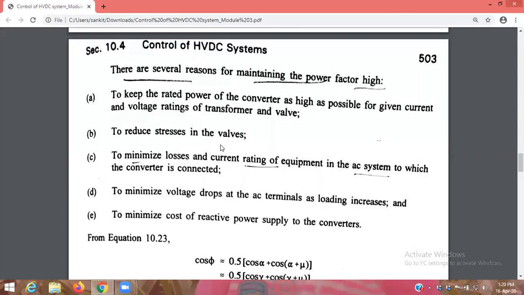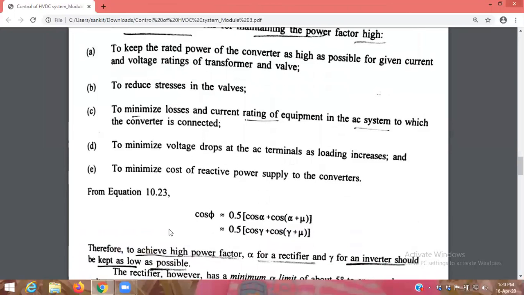If we look back to equation 10.23 from the previous lecture, we have cos phi equal to cos alpha plus cos delta, equal to delta by 2. This is for rectifier operation, and this is for inverter operation. From there we can verify that if I maintain this cos phi high, for the rectifier case I need to maintain alpha less, because if alpha is less, cos alpha is more.